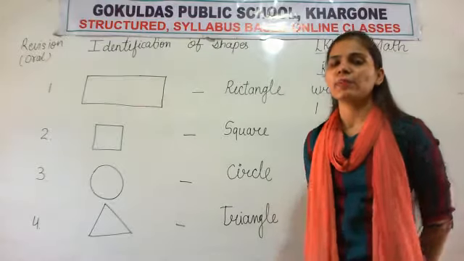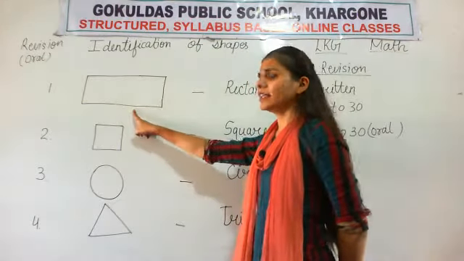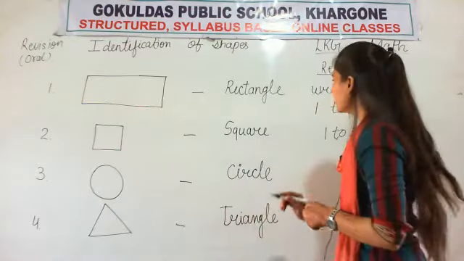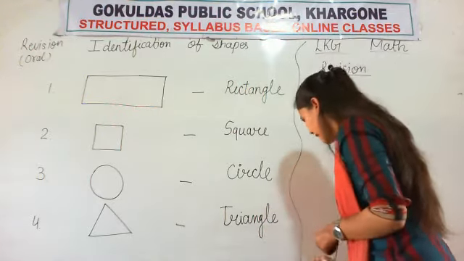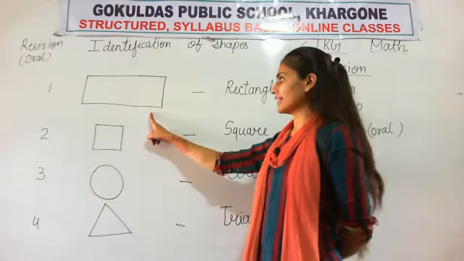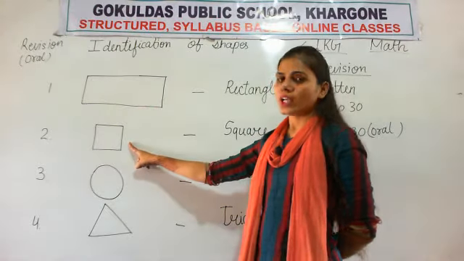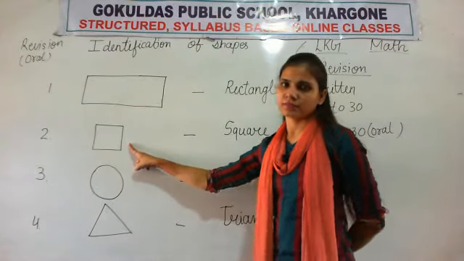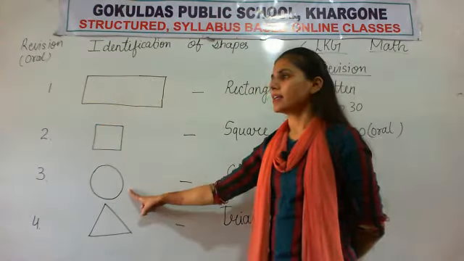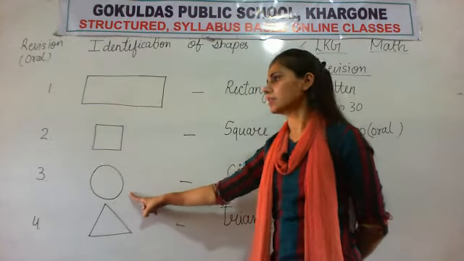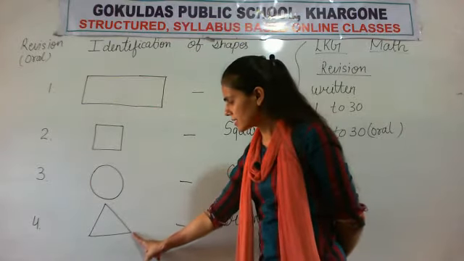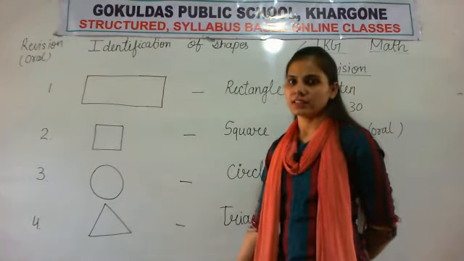Fold your hands and repeat after me. This is rectangle. Fold your hand and say this is rectangle. Okay, finger on your rectangle. This is square. This is circle and this is triangle.